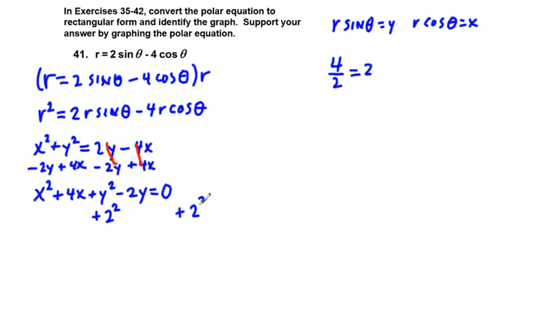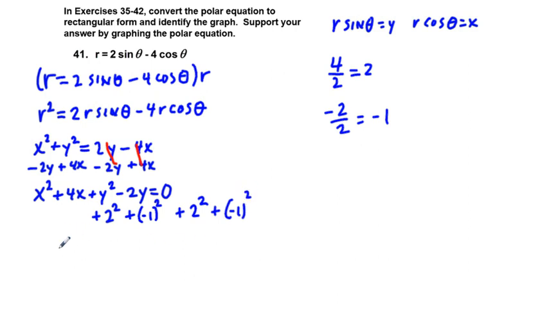And for this y, we have this coefficient of y here, which is -2. Well, -2 divided by 2 equals -1. So we're going to also have to add -1 squared to both sides of this equation.